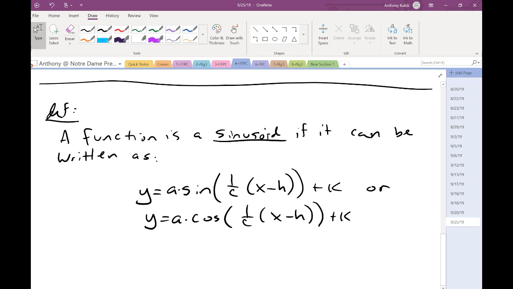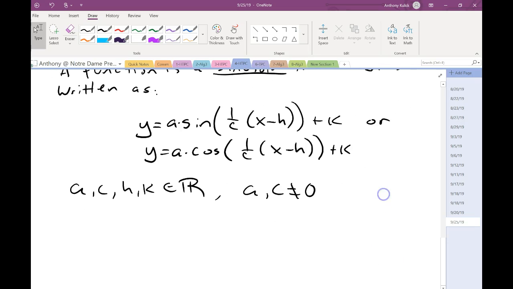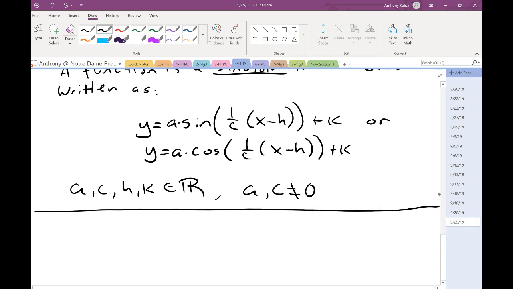So when we say these A, C, H, and K, those values are real numbers, and obviously A and C are non-zero. That's the symbol for the real numbers, that double-lined R there.